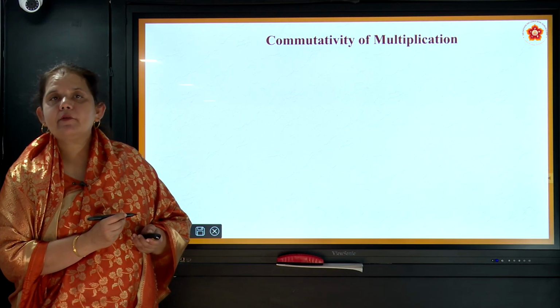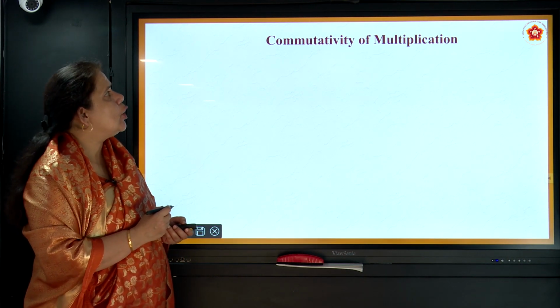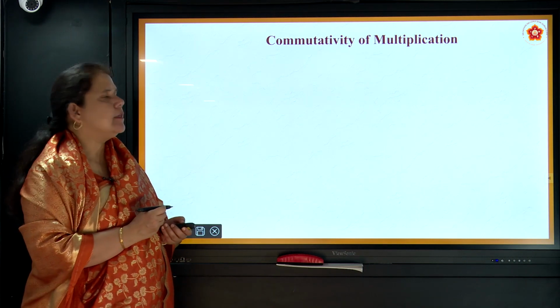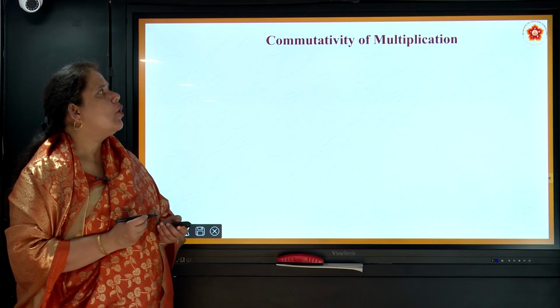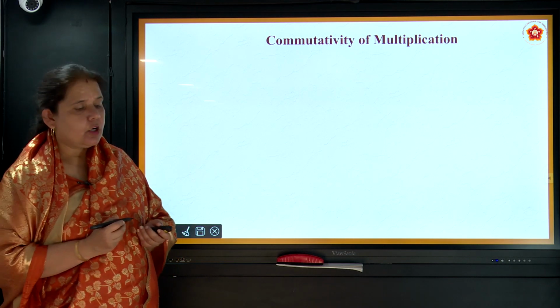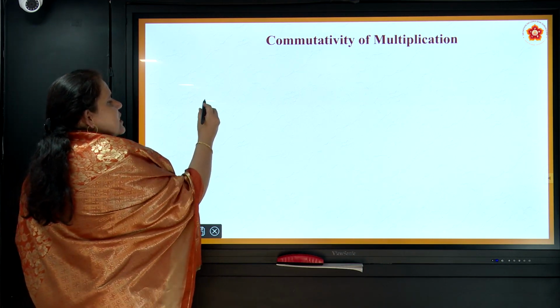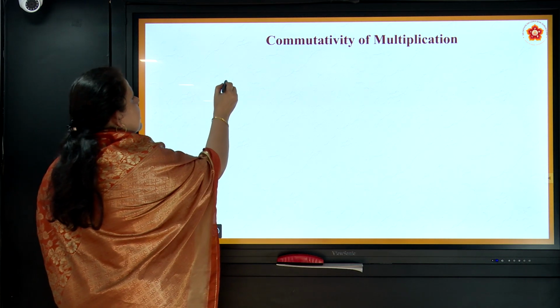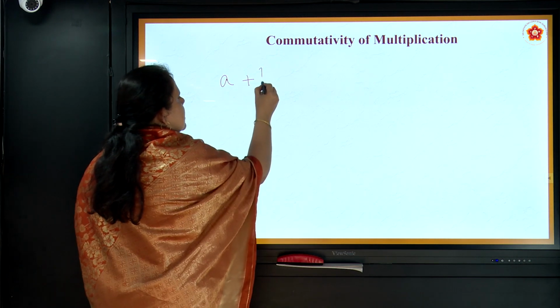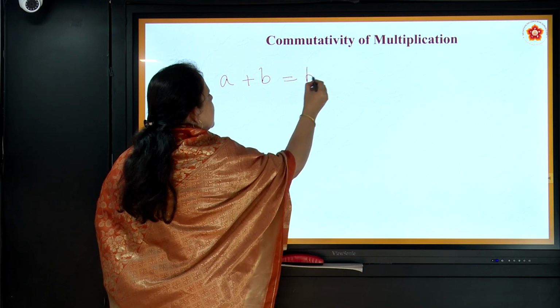The next property that we are going to discuss is commutativity, commutation of multiplication. Now this property, if you remember, for addition, what is the commutative property? It is a plus b is equal to b plus a.